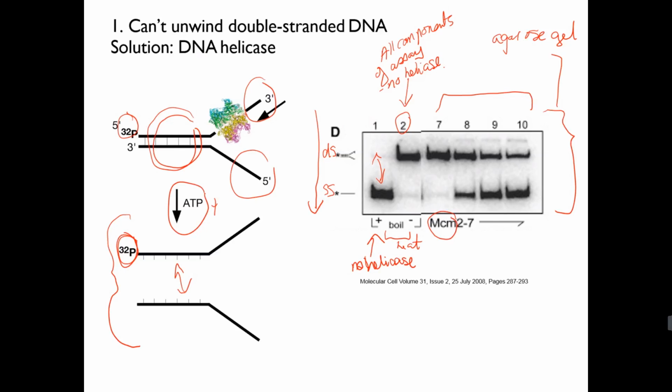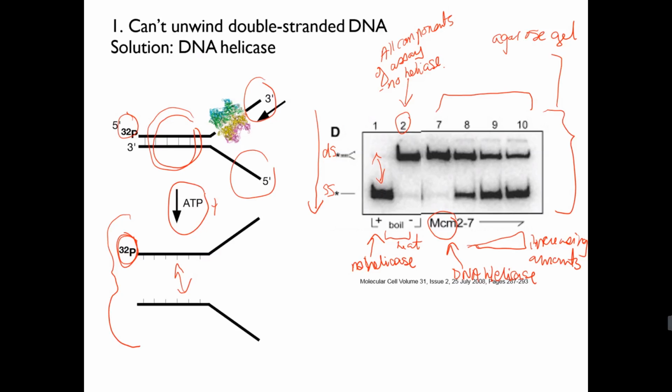And what they've done is they've added increasing amounts of the MCM complex, increasing amounts as we go through lanes 7 to 10. So this is the DNA helicase.